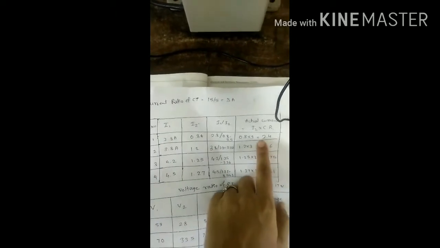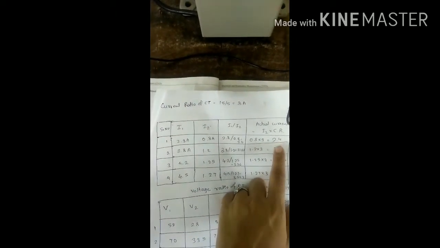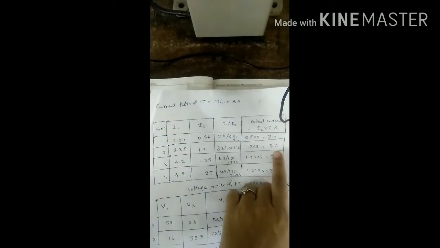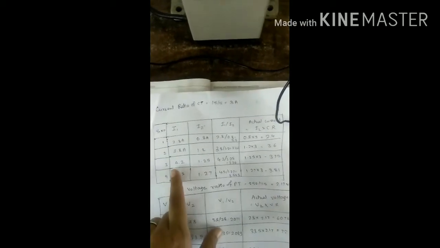And for CT also, that is for part A also, you can see this 2.4 is approximately equal to 2.8, 3.6 and 3.8, 3.75, 4.2, 3.81, 4.5.